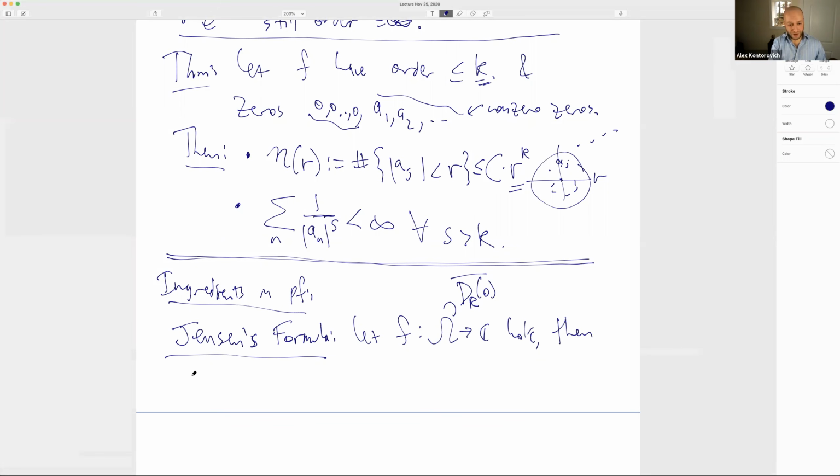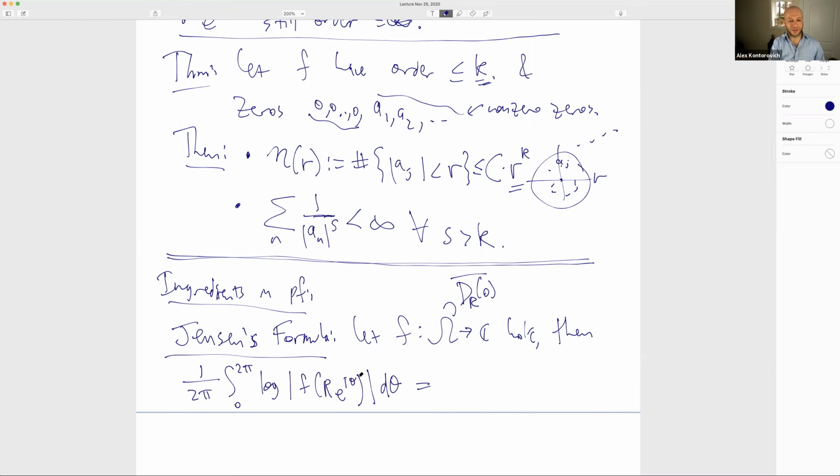Then if I integrate, I'm going to write it in a funny way. I don't think this will get me in trouble. I take this integral of log of absolute value of f(r e to the i theta) d theta. If you remember when we were looking at harmonic means, this was before we did the Fourier analysis section. This was like baby Fourier analysis.